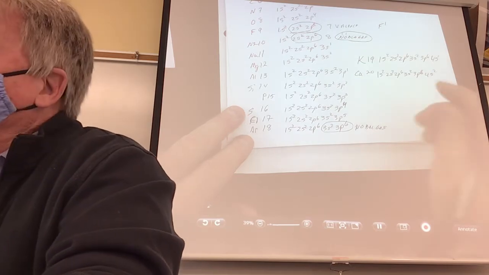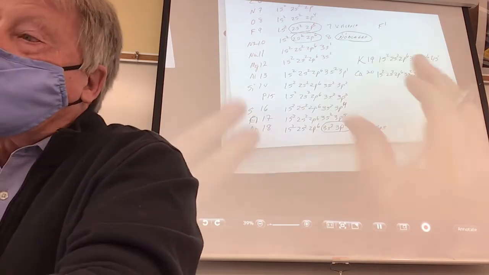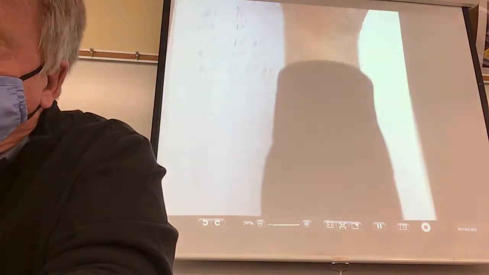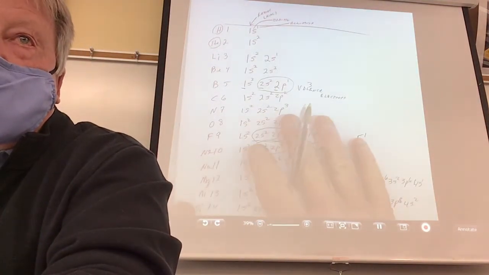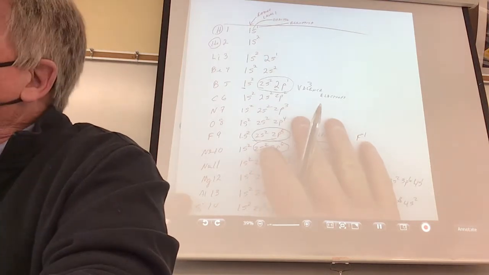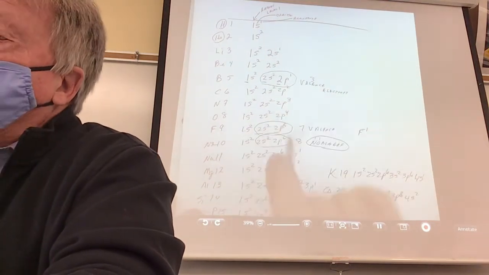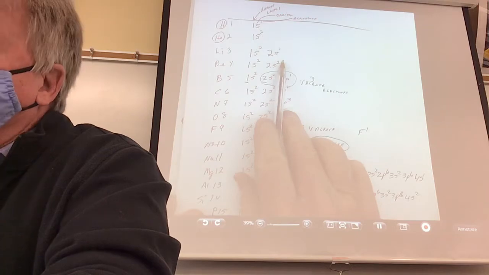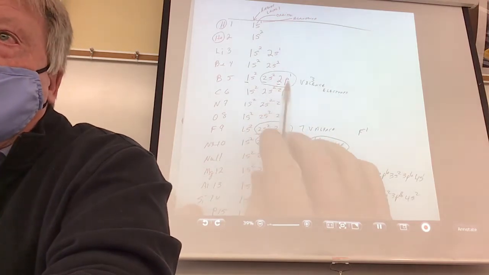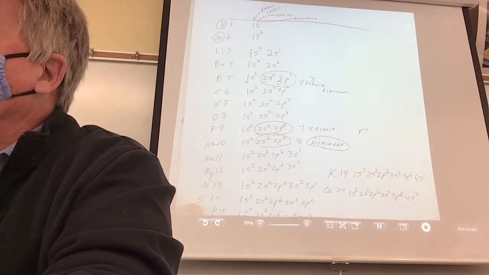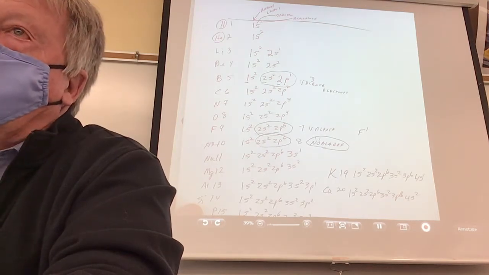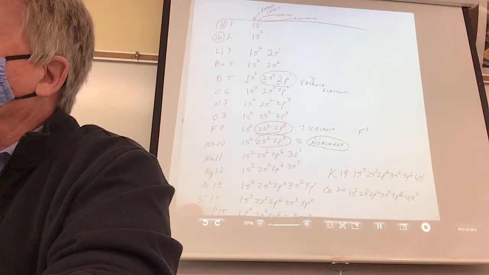Okay, now what I want you to do, before you turn this in, is look at this whole thing again. This is called the electron configuration of the first 20 elements. Everybody with me? Now, these are all the electrons. If I were to ask you to circle the valence electrons, it's the outermost energy level, not orbital, level.